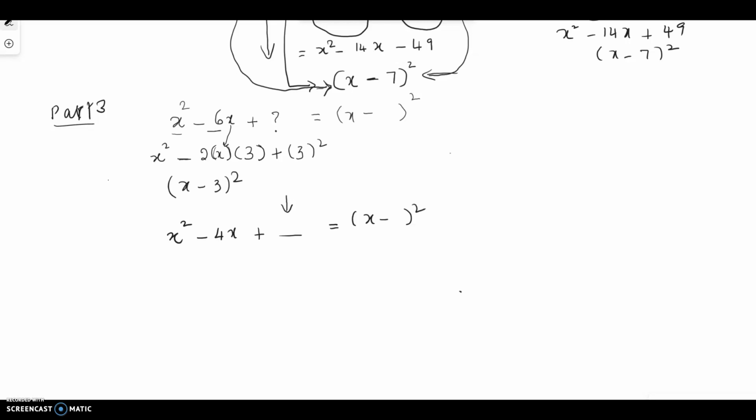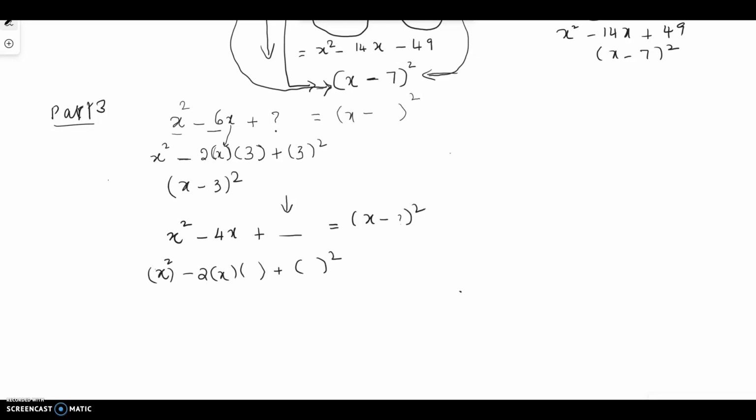And we need to fill in this blank as well. So let's look at this. In order for this expression to be a perfect square, it has to look like the square of the first term minus twice the product of the first term and the second term, and then we would square the second term.